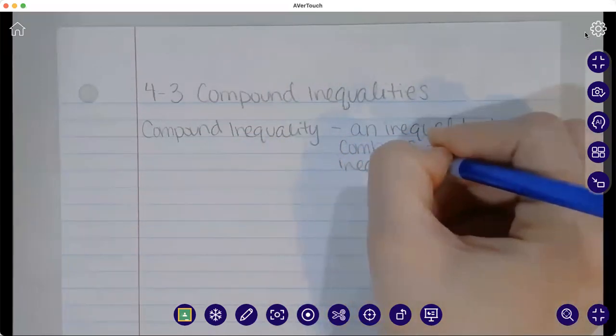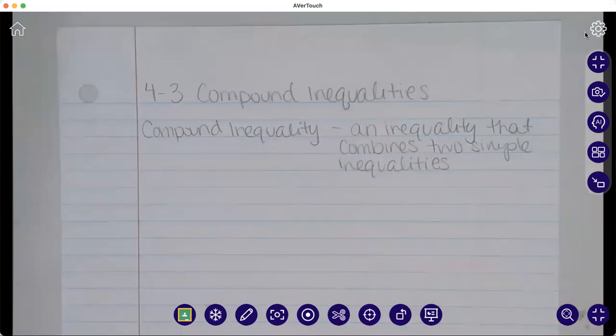So it puts two inequalities together. Now, inequalities could be put together in two different ways, which we will see as we go on through notes.